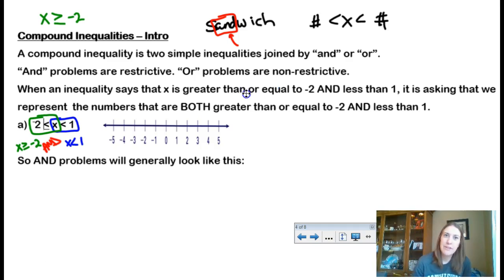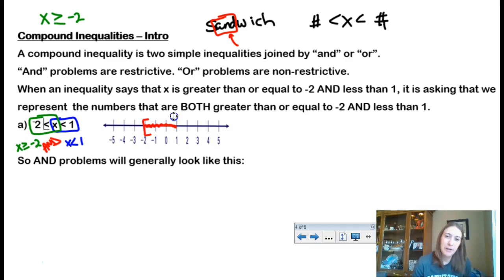So when I go to graph this, I have to remember that I'm graphing things that are both greater than or equal to -2 and less than 1. Those would be the numbers in between -2 and 1, wouldn't they? The trick here is because -2 had an inequality with a bracket, or the line underneath, we have to put a bracket.